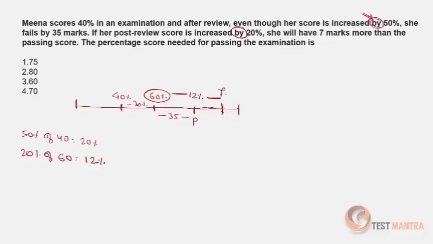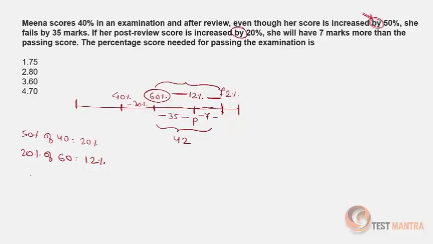So that means this is about 72%. Now according to this, she will have 7 marks more than the passing score. If we identify this part, this figure is 12 percentage points, which is equivalent to 42 marks.